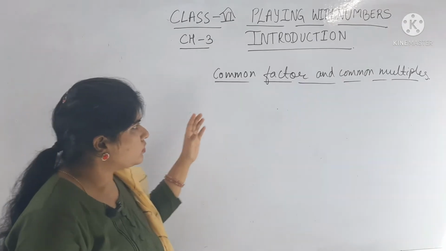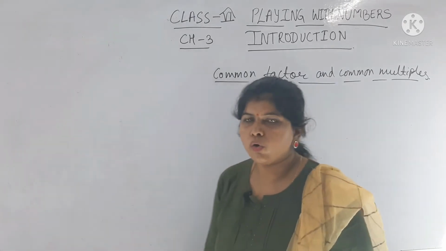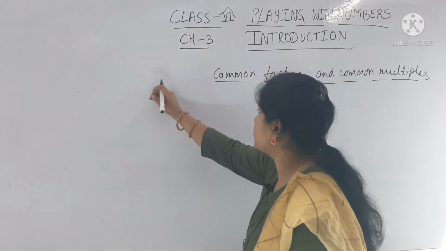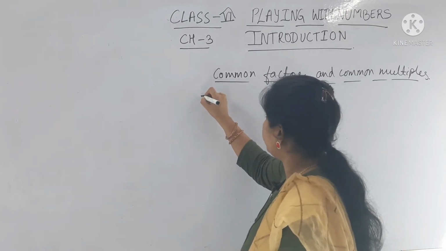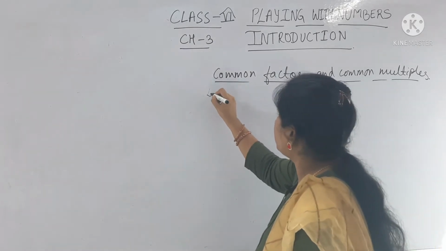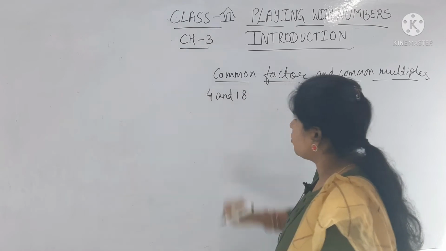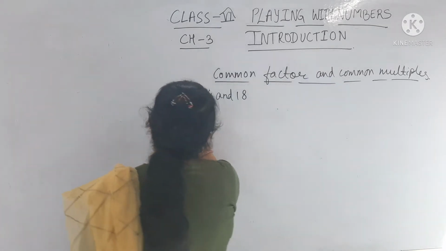Okay, students, come to the next topic, that is common factors and common multiples. Okay, so what is a common factor? Suppose we are asked to find the factors of 4 and 18. Okay, so let's do it.